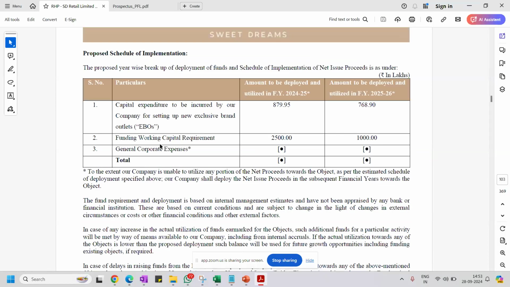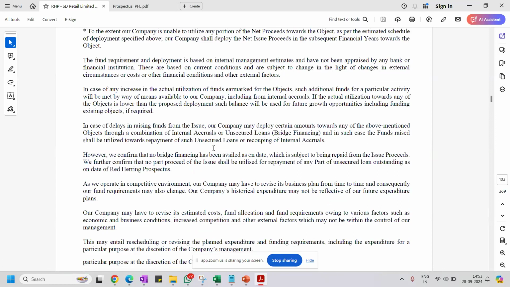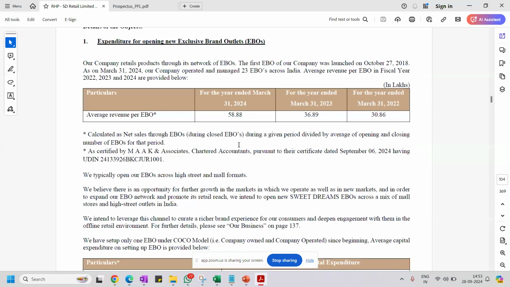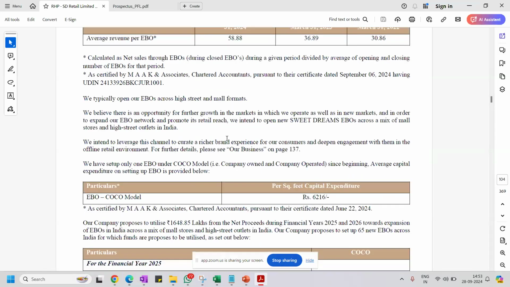Now, they want to establish around 65 odd EBOs, and they're going to put roughly 9 crore into it, while 25 crore will go towards the working capital requirement. If you go a little bit below this, you'll be able to see how much they're going to incur year on year on their EBO.